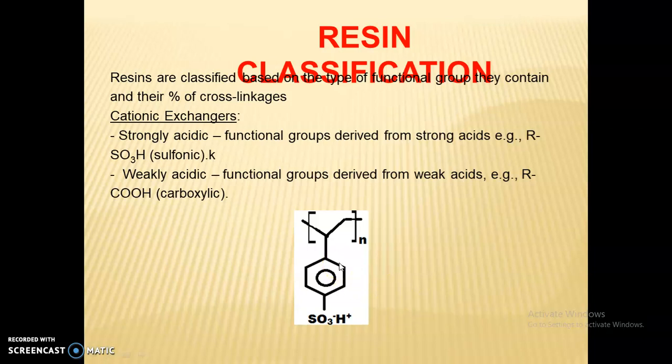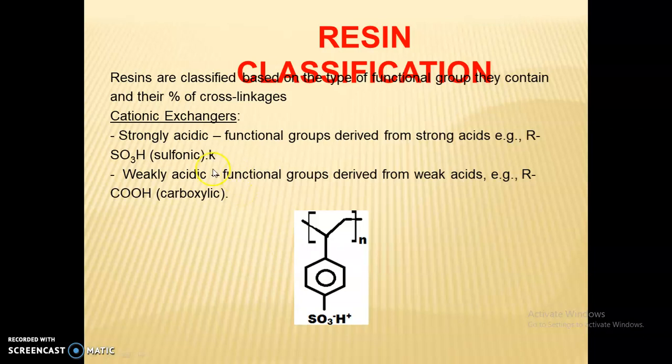Cation exchangers are the exchange resins which remove the hardness-causing cations from water. At the same time, they give cations which do not cause hardness. They are mainly of two types.